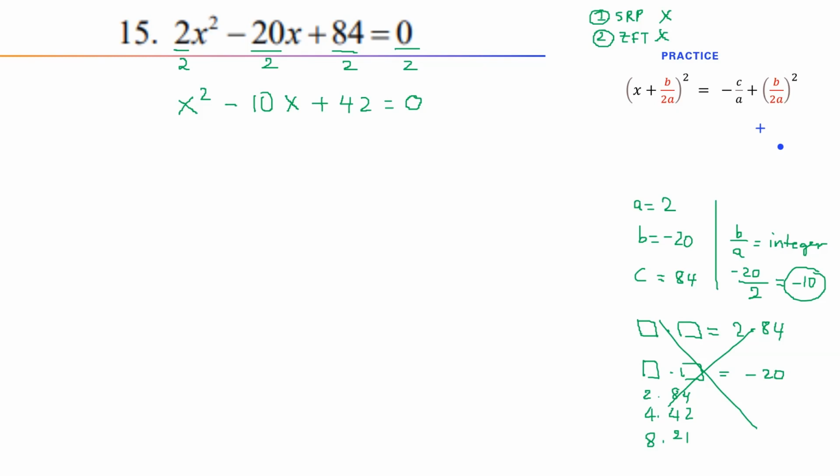Okay, now continue. We have a now equal to 1, right? So we have x squared minus 2 times x times 5, right? Plus 42 equals 0. What we need is the 5 squared.